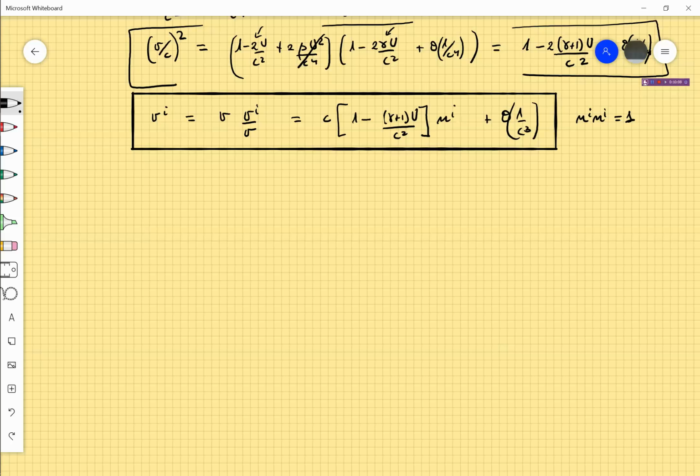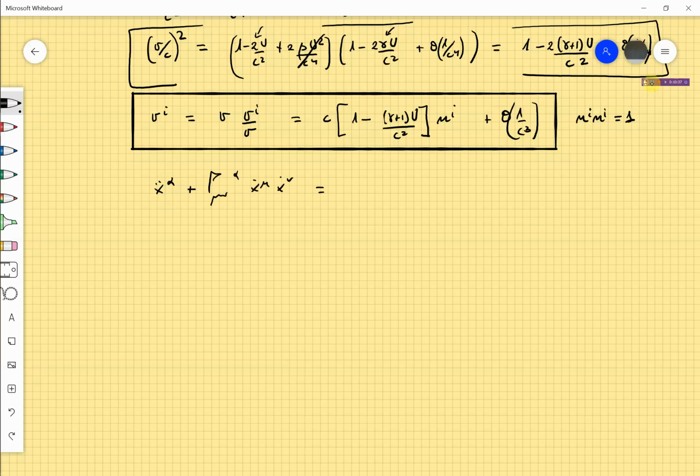This is what we are going to use in the geodesic equations. Let me write the geodesic equations, but now splitting them into time and space components, and taking into account the fact that this time coordinate is not the affine parameter. So the geodesic equation is Γ^α_{μν} ẋ^μ ẋ^ν.